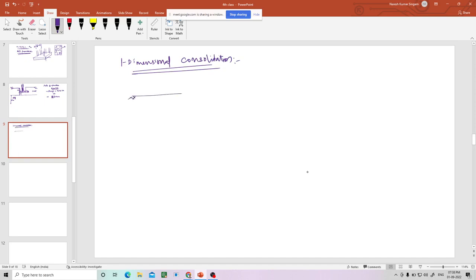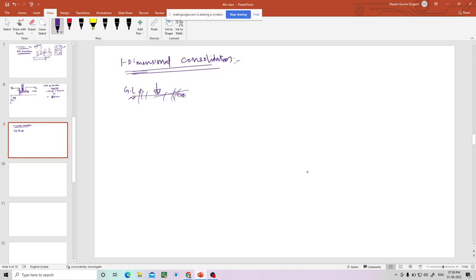Taking soil and applying some load on it, what is the consolidation? Consolidation is the settlement of the soil due to expulsion of the water from the soil. Water is coming out due to the application of load, thereby the settlement is happening. If the expulsion of the water is happening only in one direction, that is only vertical direction, that is called one dimensional consolidation.